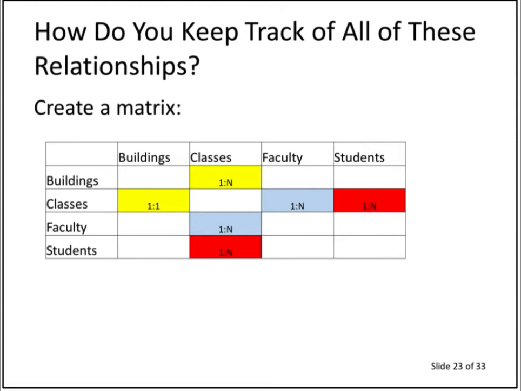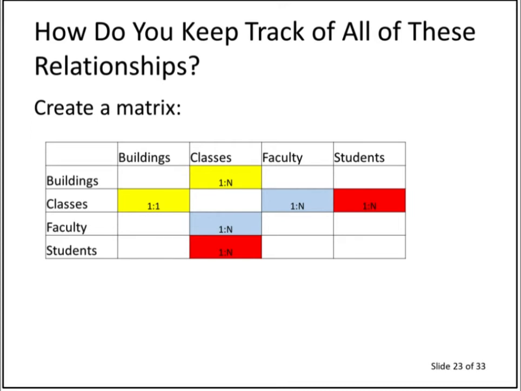We go down here to classes. A single class can be taught by many faculty members, and a single class can have many students in it. And if we go down to faculty, they can teach many classes, and students can take many classes too.